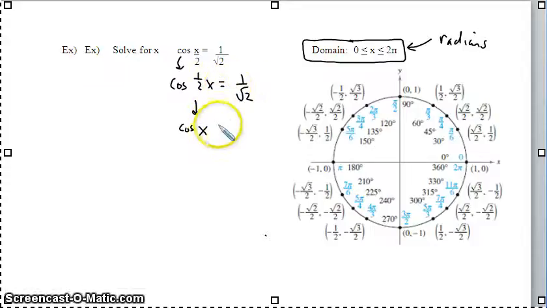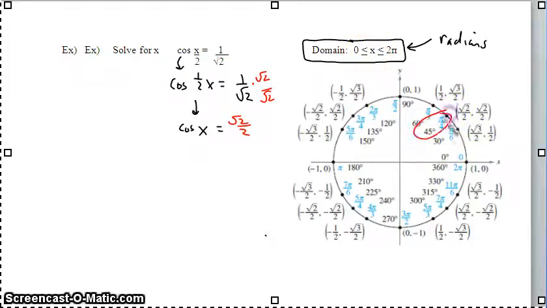And over on this side, I'm trying to find angles that have a cosine of 1 over the square root of 2. Well, 1 over the square root of 2 is not on my unit circle, so we need to rationalize. So it ends up becoming square root of 2 over 2. So let's look over here at the angles in radians that have a cosine of square root of 2 over 2.